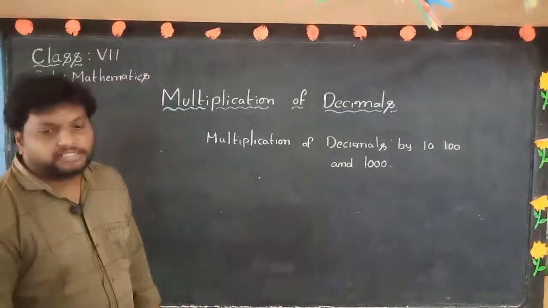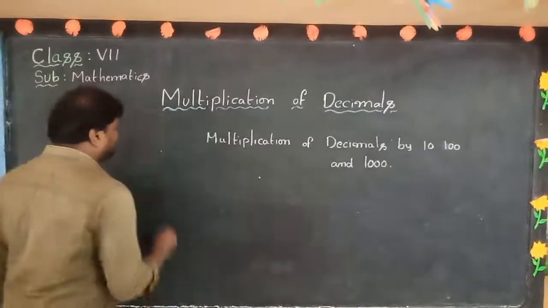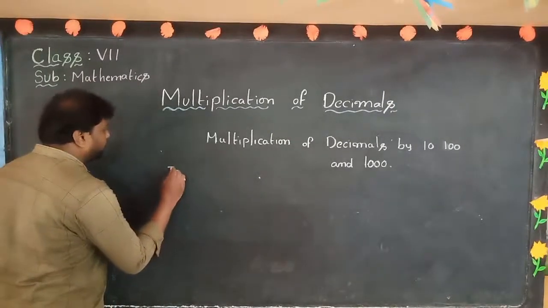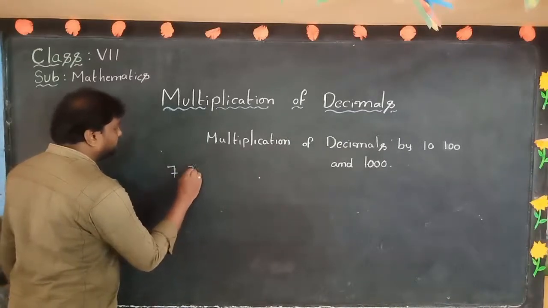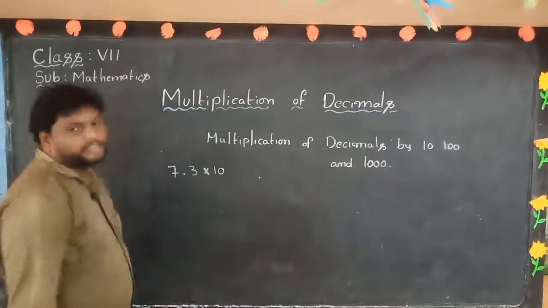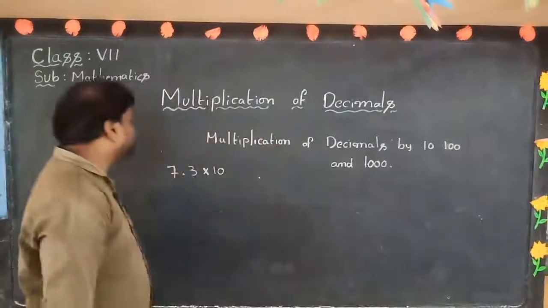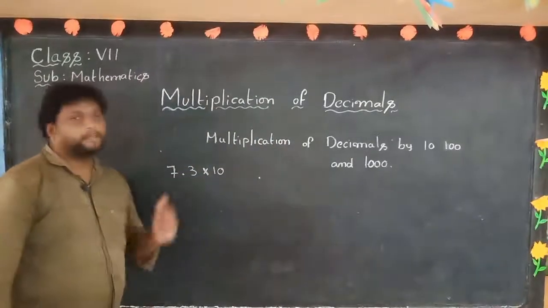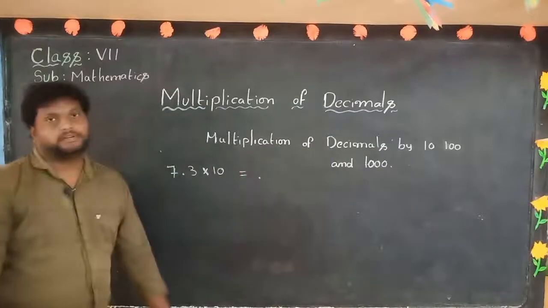Now, for example, I am taking one digit in the decimal part. 7.3 should be multiplied by 10.